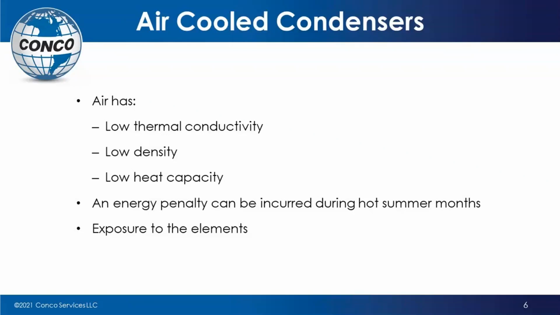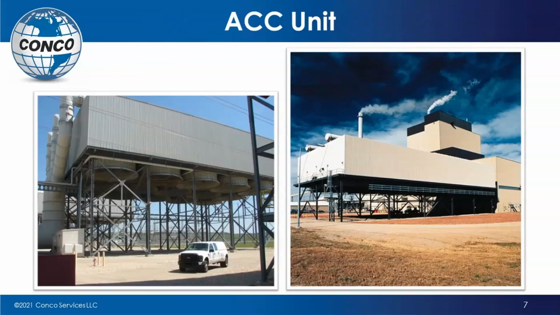And so we must make sure that the efficiency of the unit is running extremely well. And last but not least, there's an exposure to the elements. These large units sit out there in Mother Nature, and they're exposed to the sun, they're exposed to weather conditions, they're exposed to pressure, they're exposed to all the elements, wind, whatever's out there, and how that affects them.